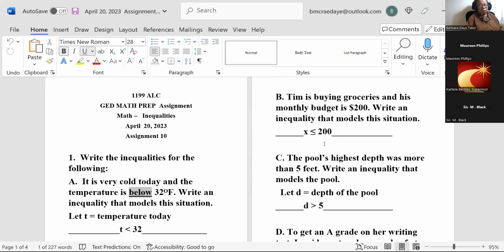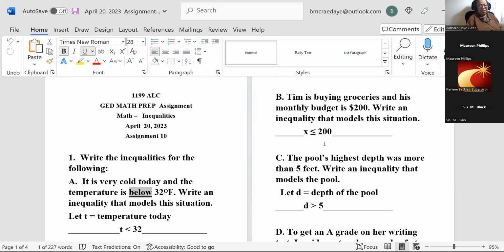You have to purchase groceries for the same amount of $200 or less than 200. You could spend 199, 198, 150, you could spend 200, but you can't go over, 201 would be greater than 200, right? Yes. Thank you so much. Got it?